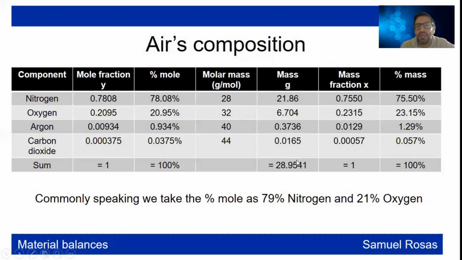And then in order to get the mass fraction, you just divide this 21.86 over the total amount of mixture, right? So this over this, 6.7 over 28.95, etc. This has to yield to a sum of 1, more or less. And then if you want the percentage mass, you just multiply this times 100, right? Yielding to a sum of 100% at the end.